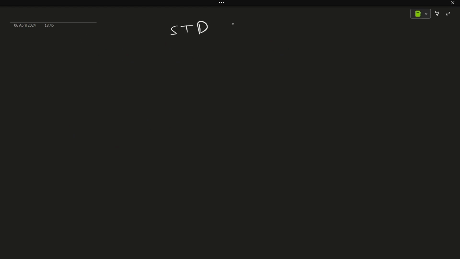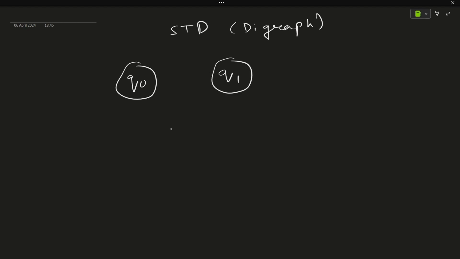STDs are also known as digraphs. Q naught, Q1 and Q2.